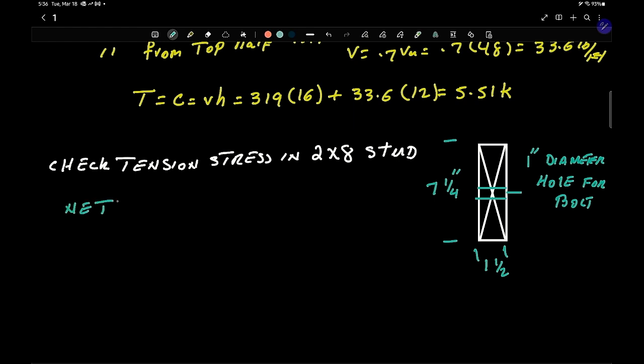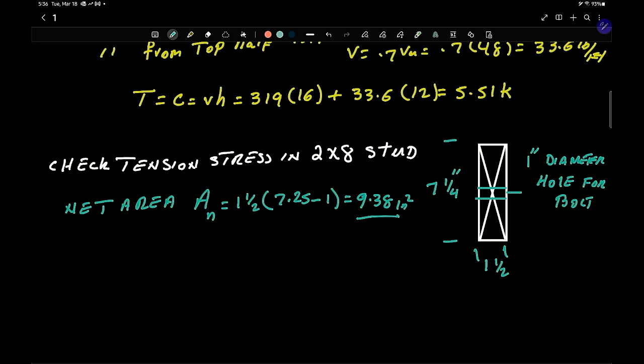Net area A is equal to 1.5 times 7.25, take it back, minus 1 inch, that comes out to be 9.38 inch square.